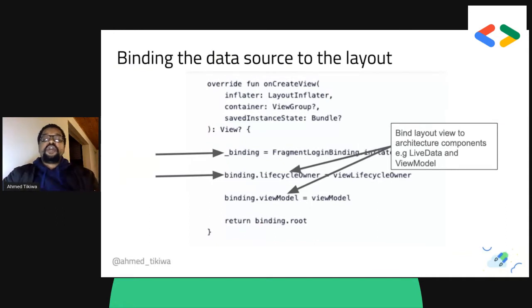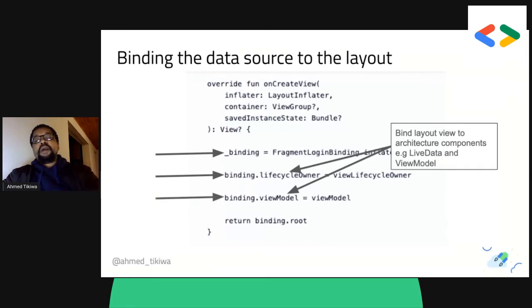So if I want to have live data within my view, I have to pass it a lifecycle owner. And this gives me access to live data if I want to actually use it. The view lifecycle owner is basically coming from the fragment, so it'll be calling fragment.getViewLifecycleOwner.